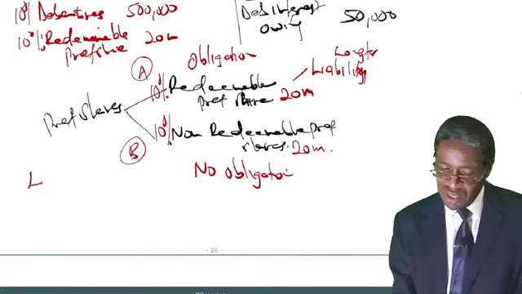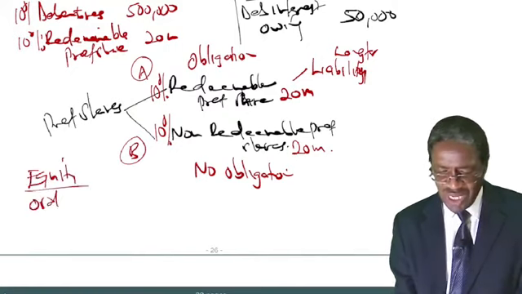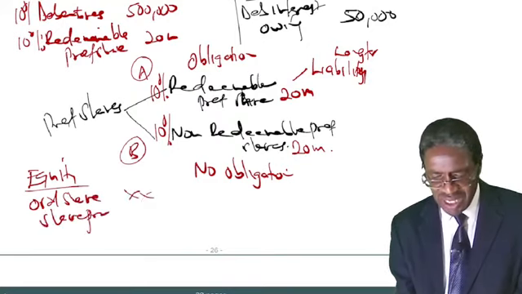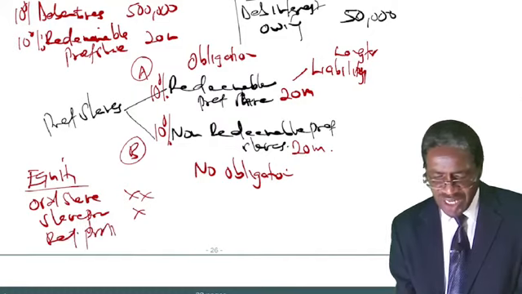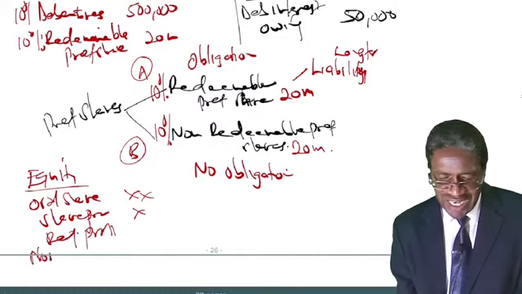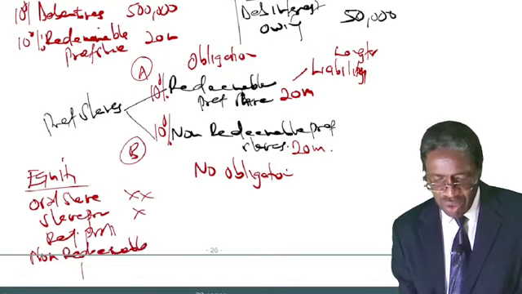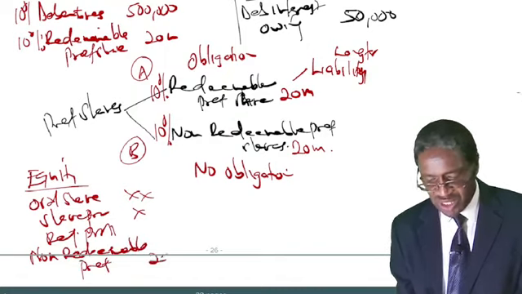So for them, where you have capital, which is among the equities, where you have ordinary share capital, share premium, retained profit, there you can now bring in the non-redeemable preference shares worth 20 million.